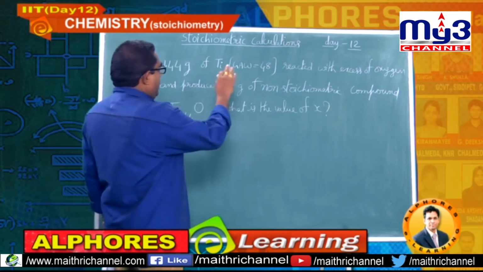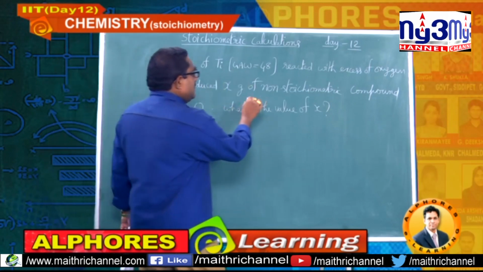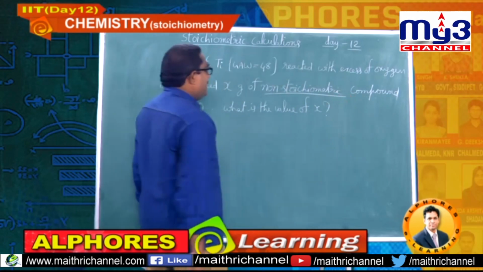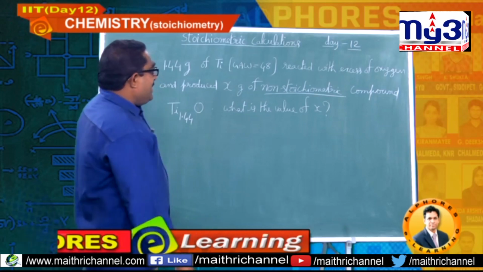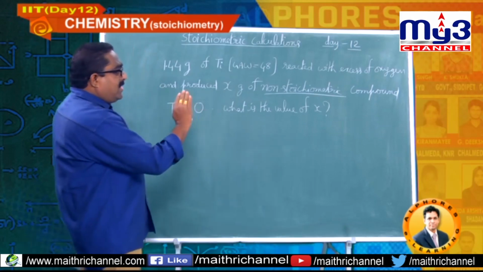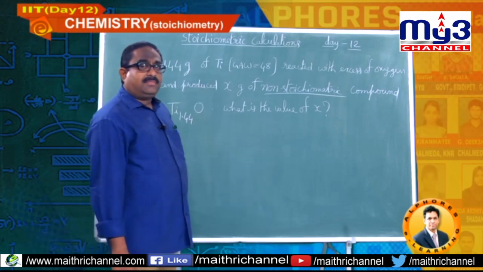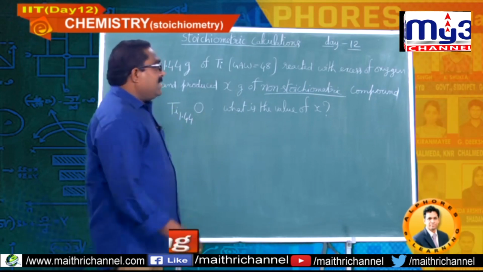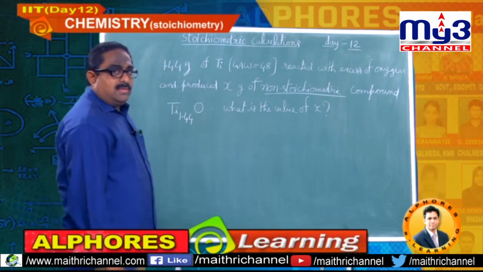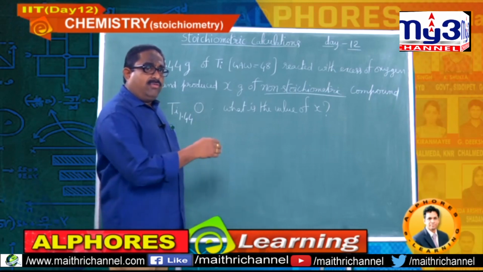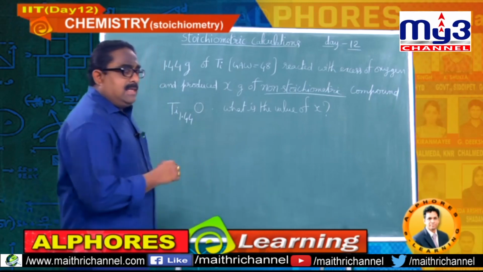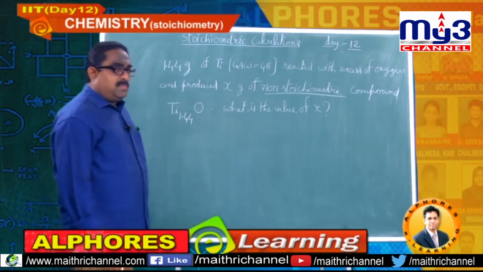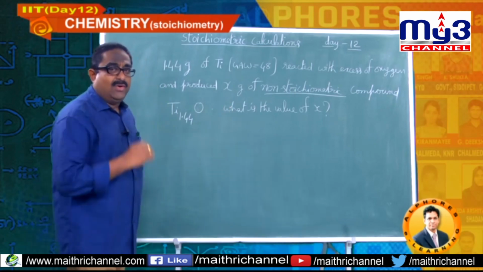Here this is normal data except this particular concept, non-stoichiometric compound. Stoichiometric compound, non-stoichiometric compound. A stoichiometric compound follows simple empirical formula calculation where the number of atoms of different elements possess a simple whole number ratio.